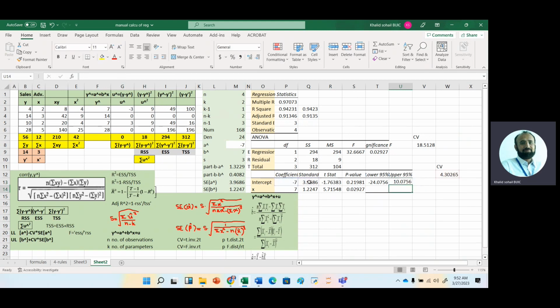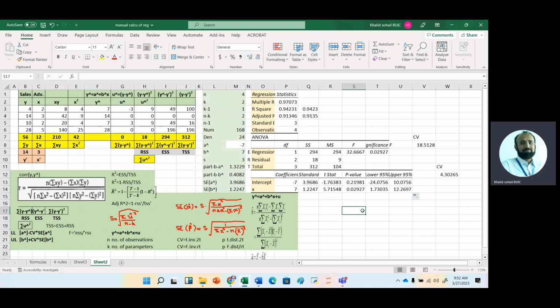We can fix it as well anyhow. And now just copy it down. So we have the lower limit for both A and for beta.